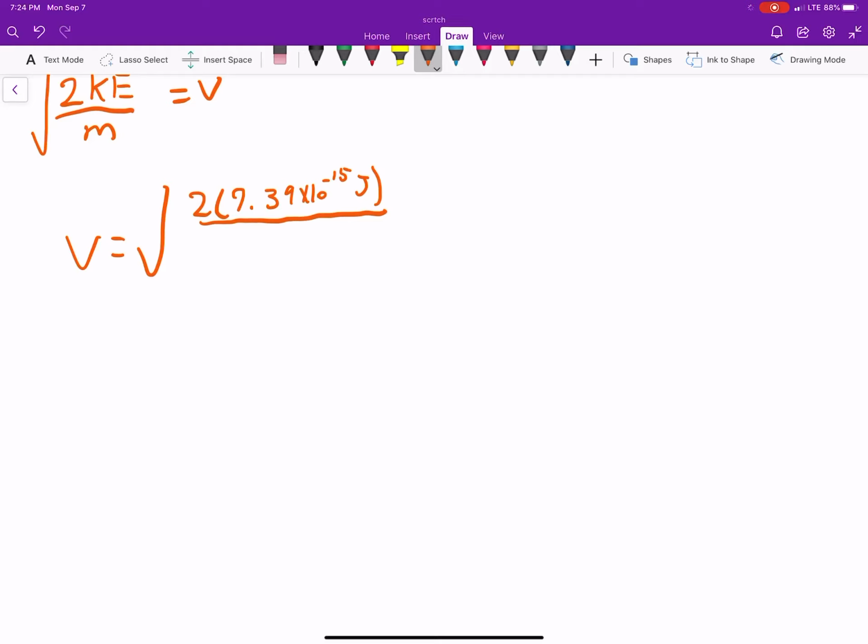So according to Google, 6.642 times 10 to the negative 27 kilograms, which is the units we want here. Okay. So now we just have to plug all these values in.